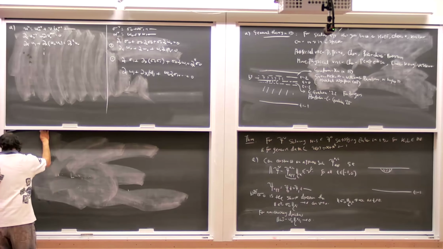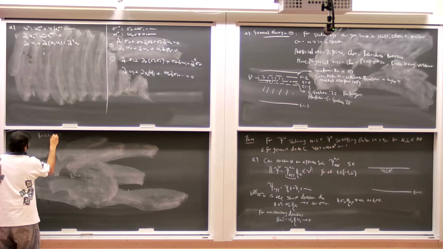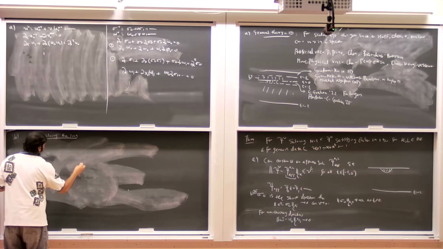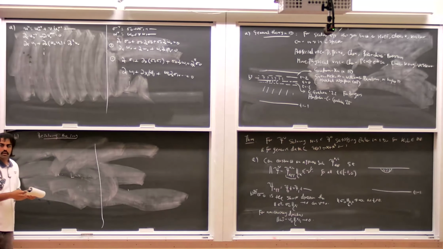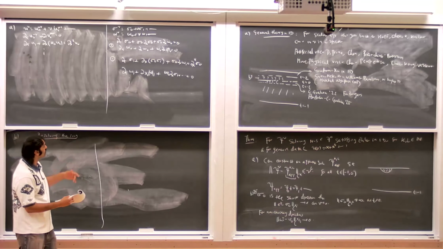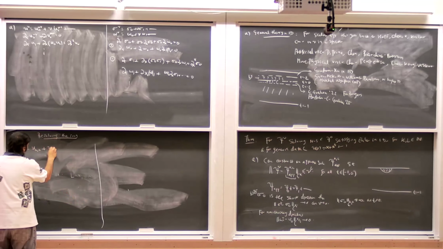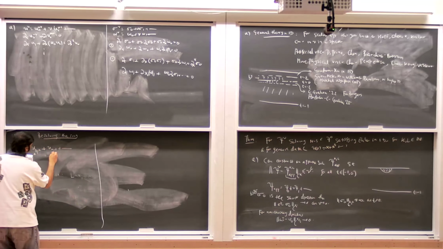Okay, so this is part B. For Burgers, you can really just do this using autograph. Basically, work with the inverse variables, and what this gives you is that u0 has a cubic expansion of this form. So you can think of it as powers of x^(1/3).